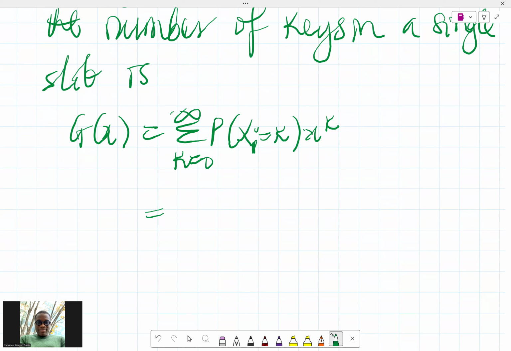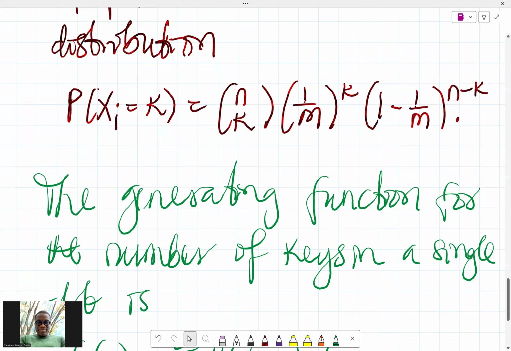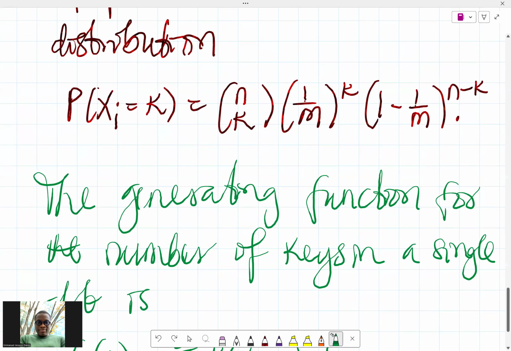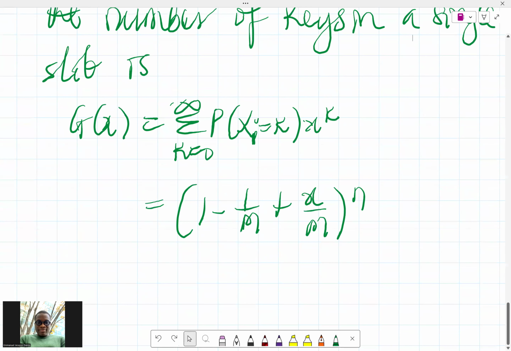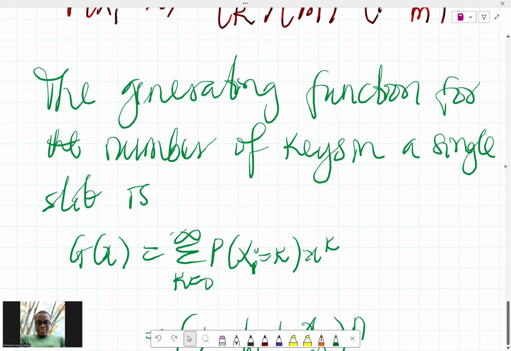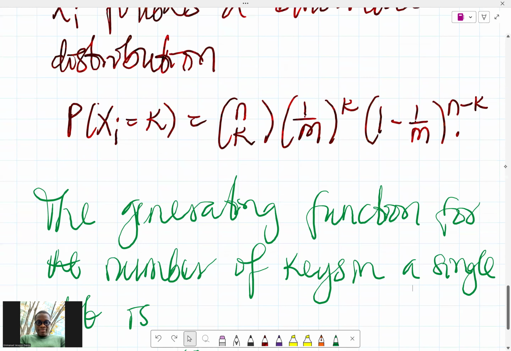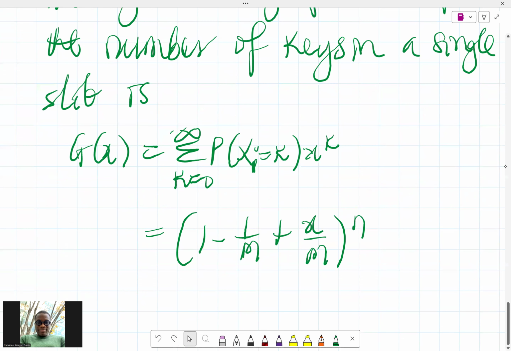That is the same as 1 minus 1 over m plus x over m, all raised to power n.